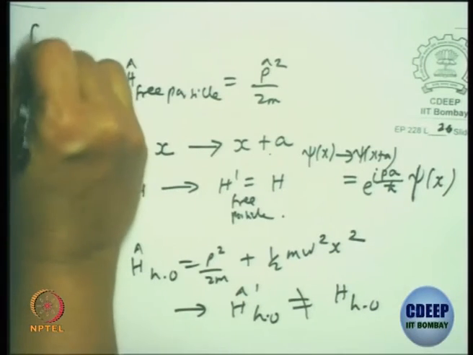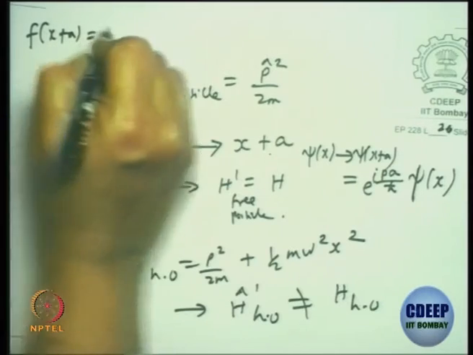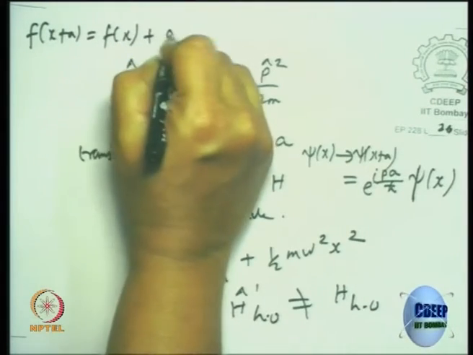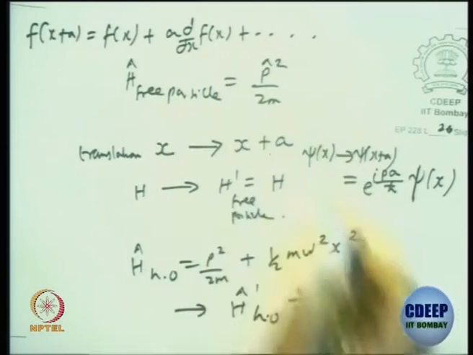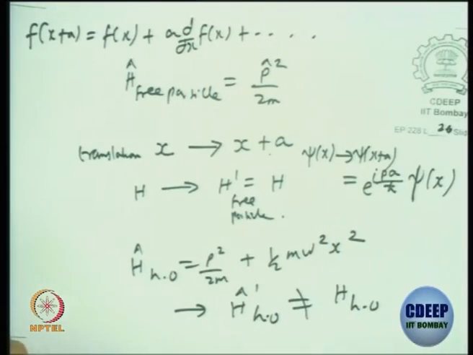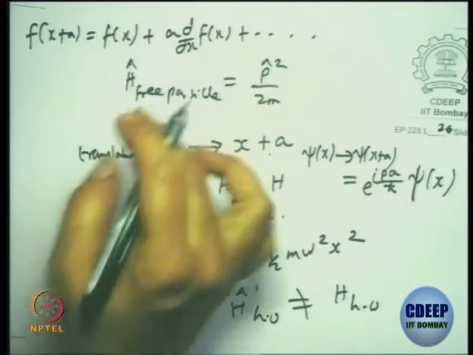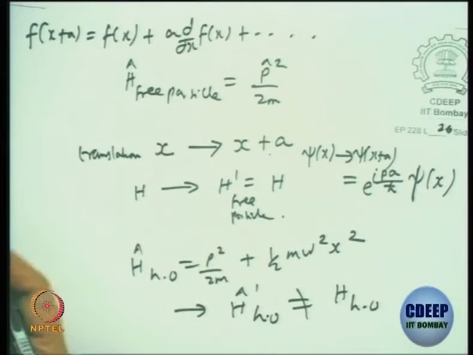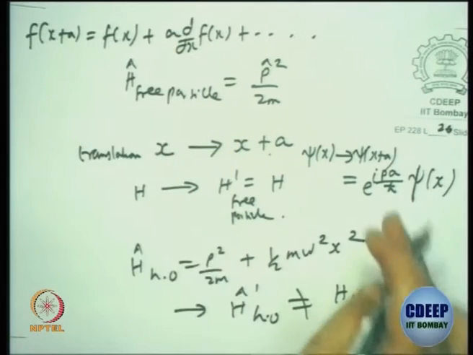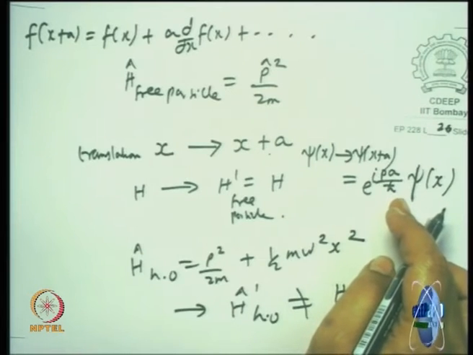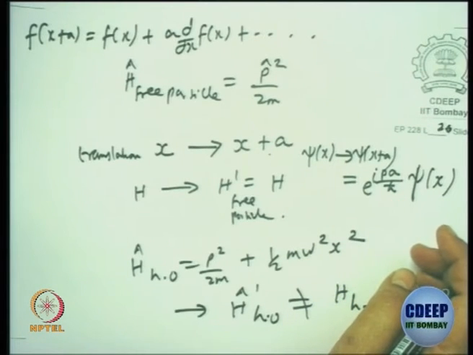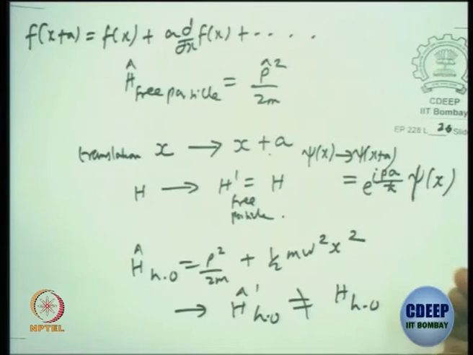Sure, you have all done f of x plus a as f of x plus a times del by del x f of x and so on. And instead of del by del x, I am going to use the momentum operator. Because I use the momentum operator, I will have an i and an h cross coming up. This is what you have done in your assignment. Okay.